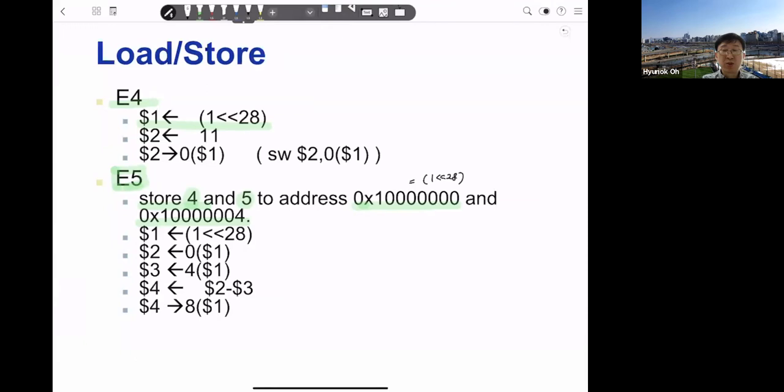Yes, you just need the first line: store 4 and 5 on address 1000 and 1004. Storing only.